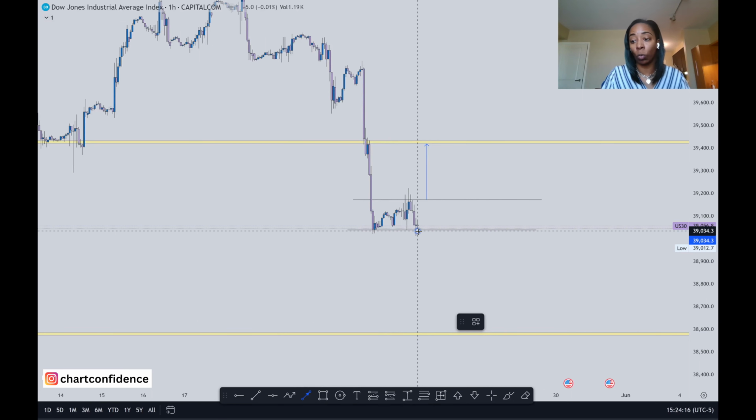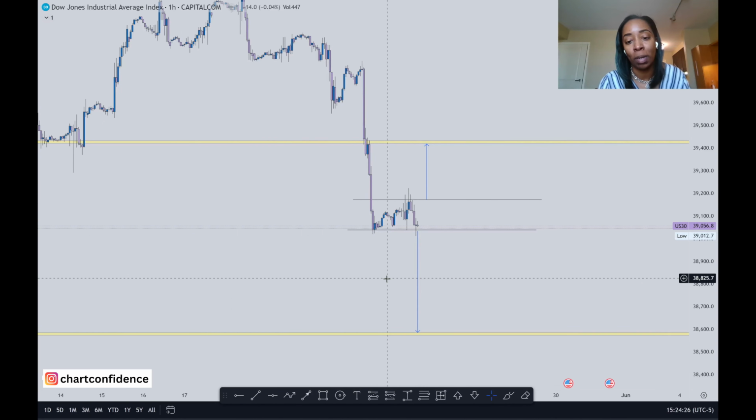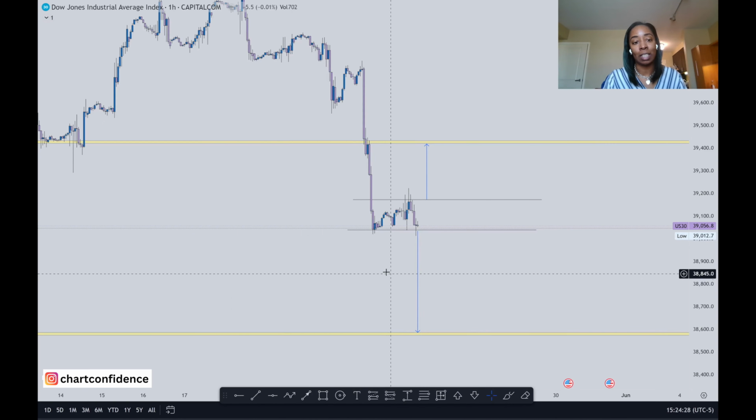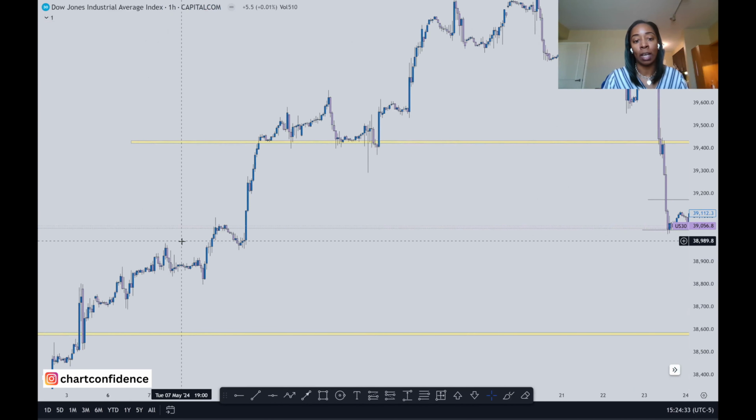And this is a really, really big range right here. So depending on your trading style, you may actually have some more levels within here, but since I'm looking to hold my trades a little bit longer, this is perfectly fine for me. And what I would be doing is looking left and seeing if there's some other levels that I could possibly tap into.